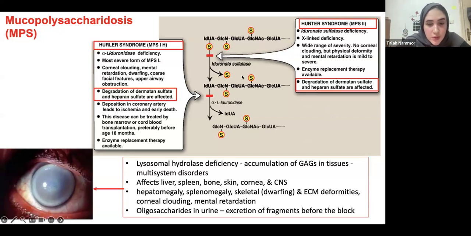Is this clear? So if I say corneal clouding, what do you think of? Hurler. When I say no corneal clouding, Hunter. What is being affected? Heparan and dermatan sulfate. Next.